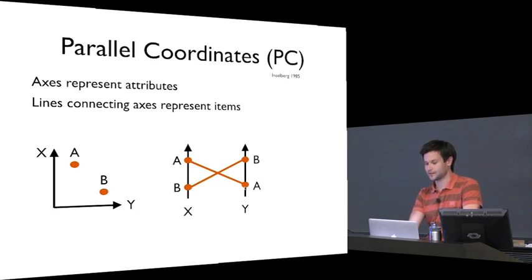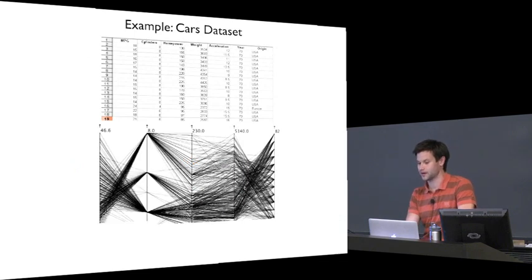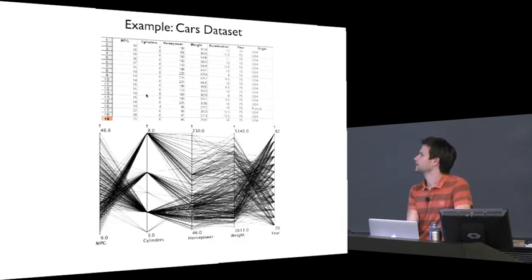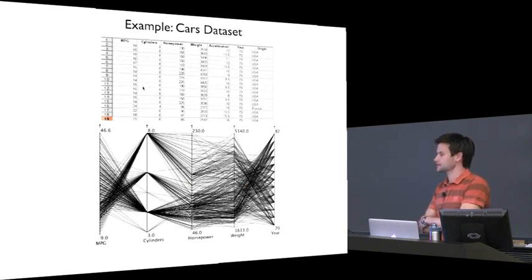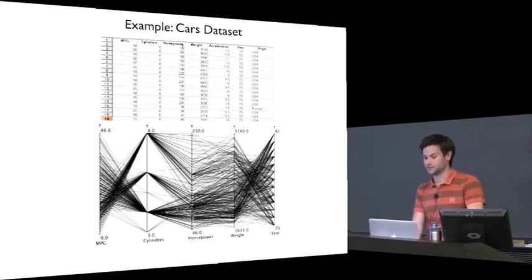If we look at a data set, it's much clearer, because sometimes it takes a while to wrap your head around it. So in visualization, there's a quite famous data set, the cars data set. It's attributes of different car models from 1980. So we have miles per gallon, cylinders, horsepower, weight, and so on.